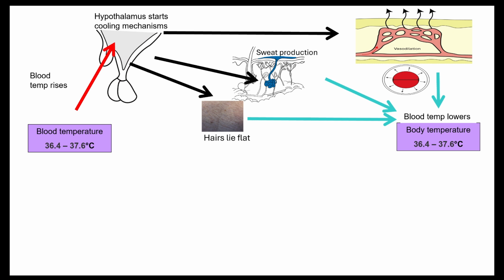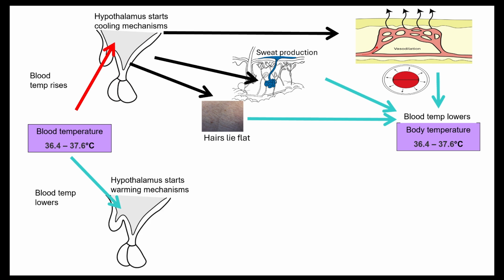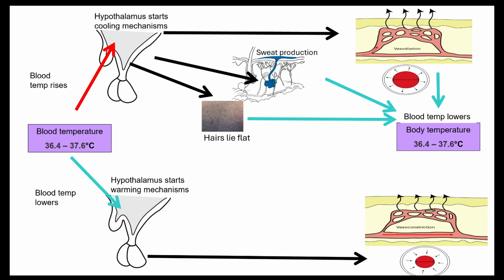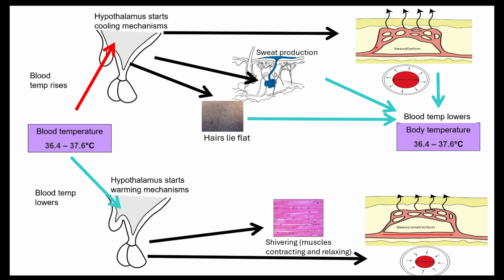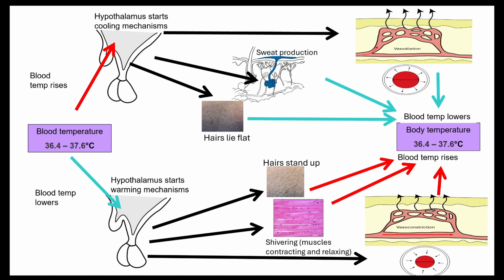That is negative feedback. If I go the opposite way, if my blood temperature gets too low, the hypothalamus is going to detect it. It will then, because it's the coordination center, it will start the warming mechanism, vasoconstriction, shivering, muscles are contracting and relaxing, my hairs are standing up, therefore my blood temperature should rise up. So again, my temperature was getting too low.